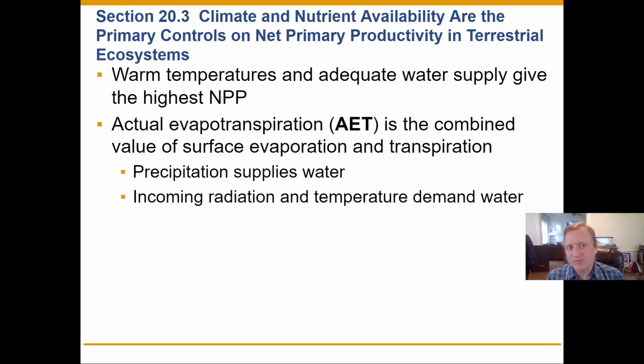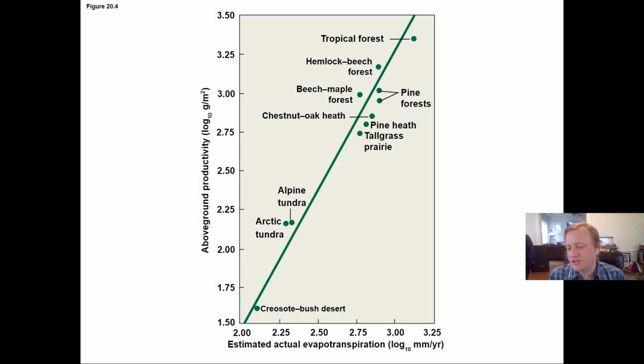And there's this concept called actual evapotranspiration, or AET, and it is combining evaporation and transpiration. So precipitation brings water in, while incoming radiation and temperature demand water. Weird way of phrasing it, but incoming radiation and temperature are going to cause water to evaporate off, regardless of how much is precipitated.